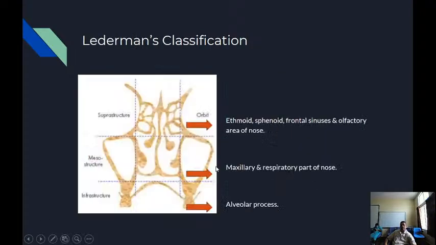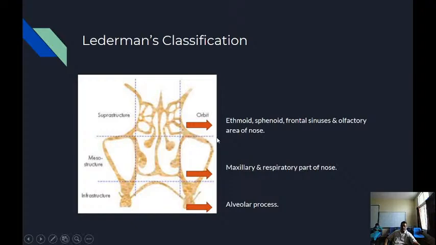There is another classification which is called Lederman's classification, where this is the orbit, and that is the crista galli and the ethmoidal air cells, and that's the middle turbinate, and that is the floor of the orbit.